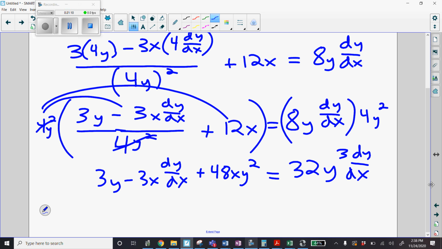All right, now I want to get my dy/dx's together on the same side. I could do that by subtracting the 32y cubed over to the left side, and then subtracting the 3y and the 48xy squared to the right. But that seems like way more work than just adding 3x dy/dx to the other side, so I'm going to do that.